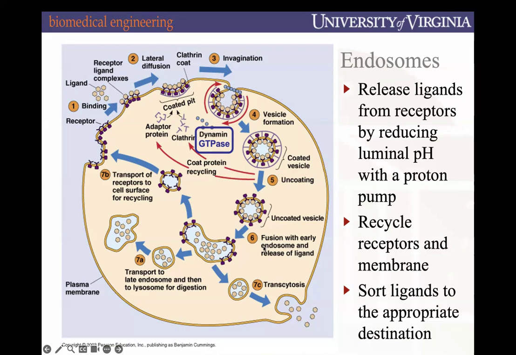Now there's going to be a drop in pH that promotes the dissociation of the receptor from the ligand. The receptors will then be separated and recycled to the cell membrane. We now have a vesicle with just the ligand that bound to the receptor. What happens next depends on what kind of cell we're in.